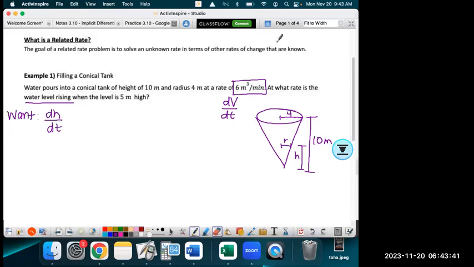Here we go. And I specifically want to know the change in the water level's height over time when the water level is 5 meters high. All right, so I know what I want. I have what I'm given, but I'm going to write that down specifically.